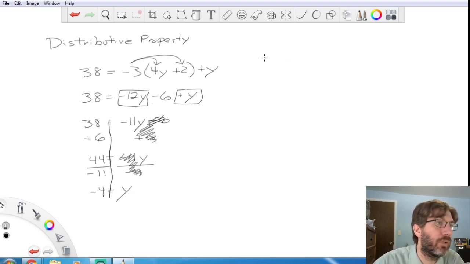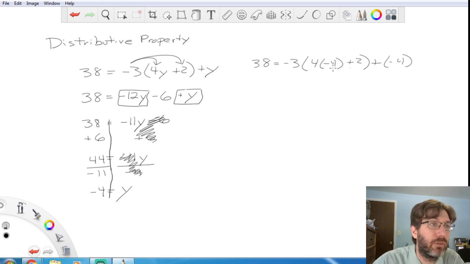And again, you can come back to the beginning here, plug it in, and see if it makes sense. We don't have the parentheses yet. 3 times (4 times y), with y being negative 4. So plug that in, plus 2. Then we also have plus another negative 4 over here.